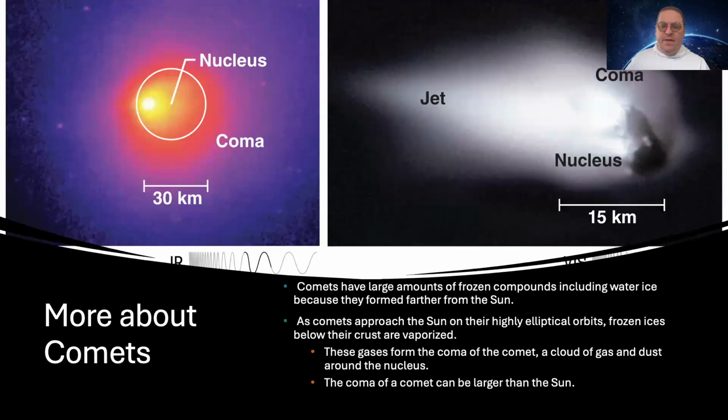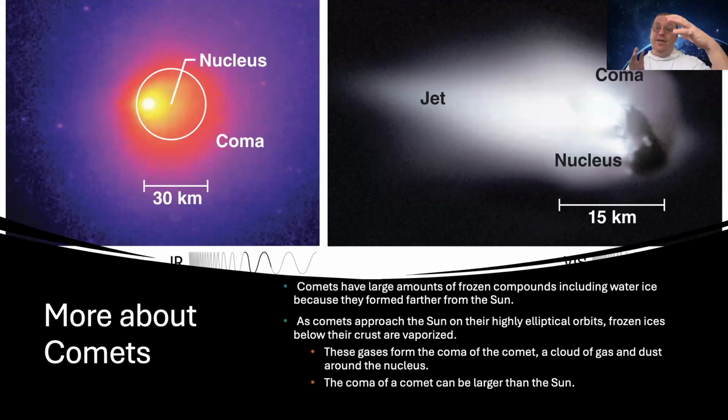A comet is composed of three rough regions or components. You have the nucleus of the comet. That is the solid part of the comet, the part that is the metals and the ices. Generally speaking, that's roughly around 10 to 50 kilometers in size.